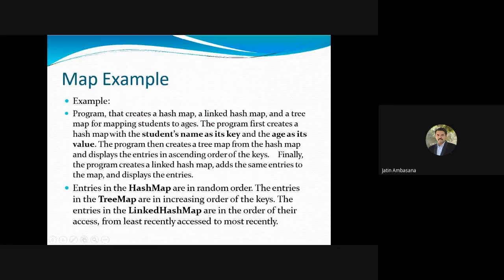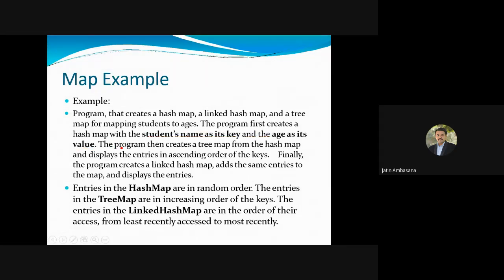So this is one of the map examples. This is how you can implement a map. The program is like this: we have to create a program that creates a hash map, a linked hash map, and a tree map for mapping students to ages. The program first creates a hash map with the student's name as its key and age as its value.